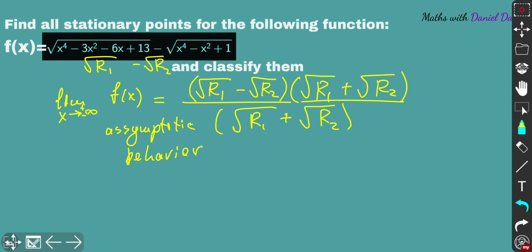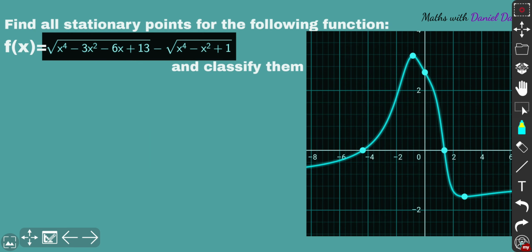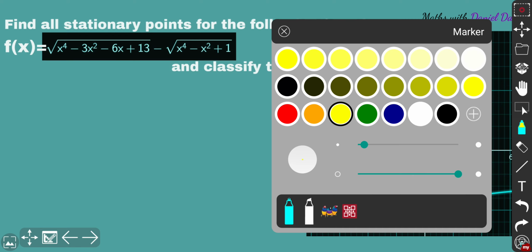Okay, so now we need to explore the points x corresponding to 1/6, 1 minus square root 37, and 2.79. We need to provide a first exploration, whether maximum, minimum, local minimum, or a point of inflection. So instead of using the normal way, I'll just show you the sketch of the graph and offer another way around.